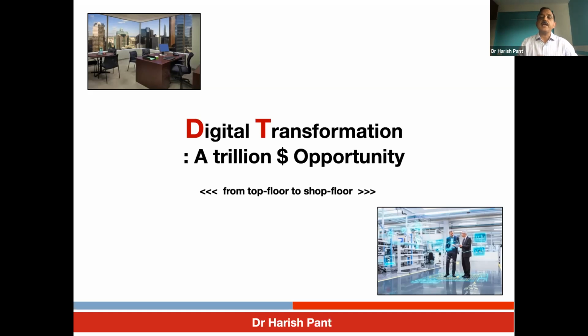Even if we see in India, the kind of movement which we see in manufacturing itself, that offers a $1 trillion opportunity. Government is lining up $1 trillion investment in various infrastructure and manufacturing. And so even if we talk about India in specific, then also we can say that it's a $1 trillion opportunity.